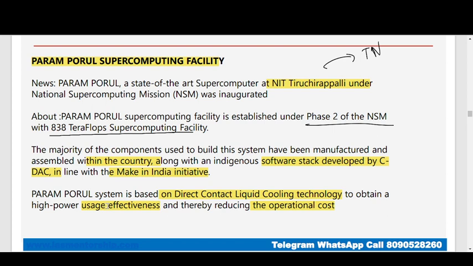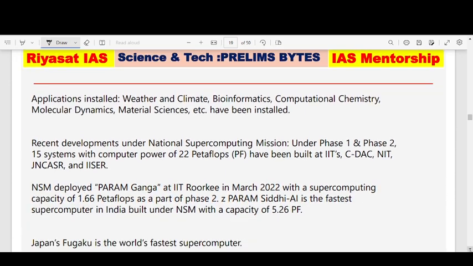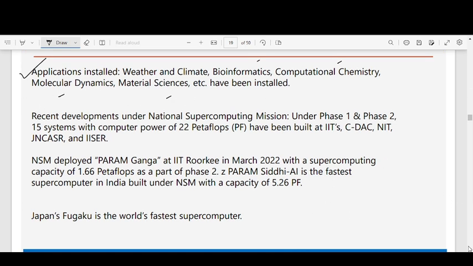So for that, this technology is used and it has shown positive results. Applications are many, infinite: weather and climate, bioinformatics, computational chemistry, molecular dynamics, material sciences, etc. Clear?